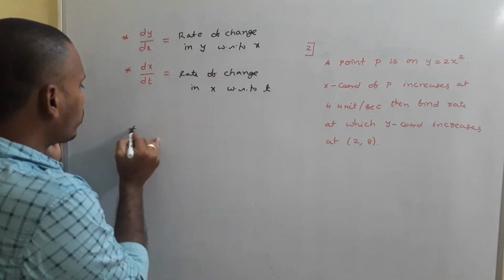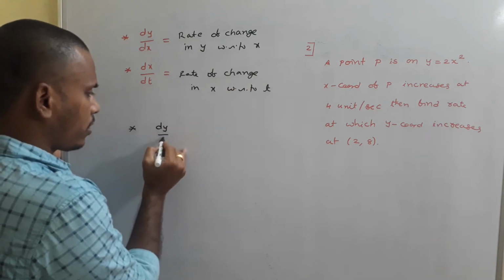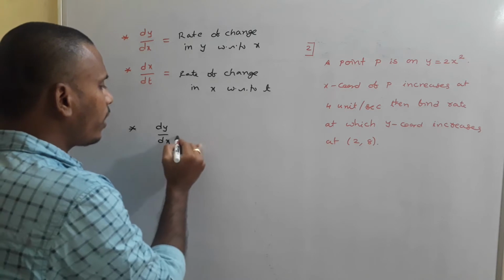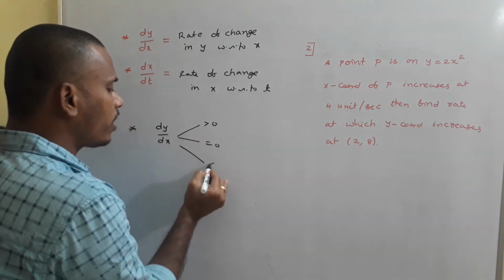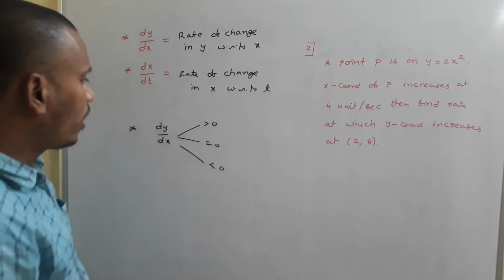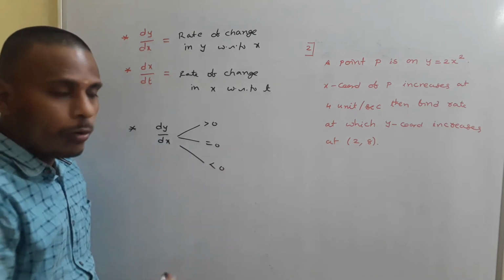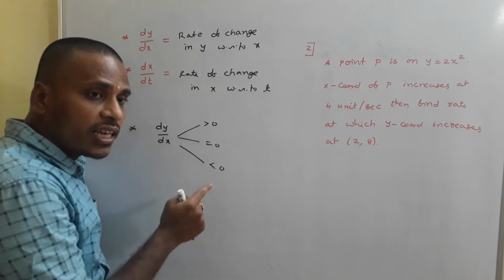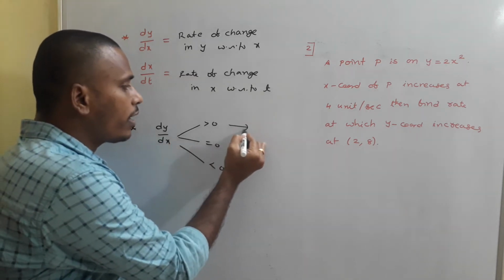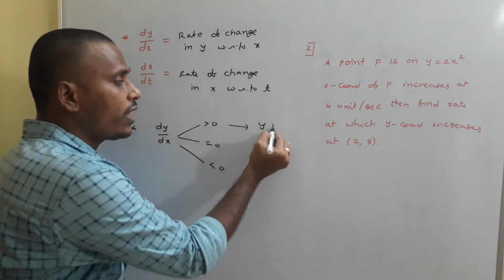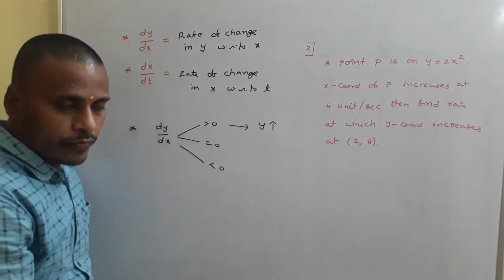Suppose dy by dx is greater than 0, or equal to 0, or less than 0. What will happen in each case? If dy by dx is greater than 0, then as x increases, y also increases. That means y increases along with x.